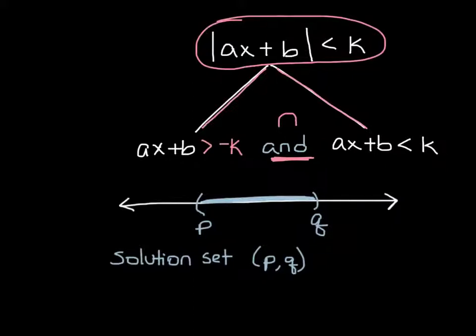Since this is an intersection, you're going to graph it and see only where they overlap, which would be in the middle from P to Q. So it's one of those between problems, where x is between P and Q. Your solution set is going to be the interval notation of P and Q. Also notice if you have a less than or equal to symbol and greater than or equal to, you're going to have brackets instead of parentheses. So just be careful with the notation that you use.